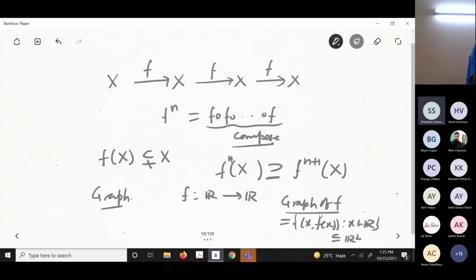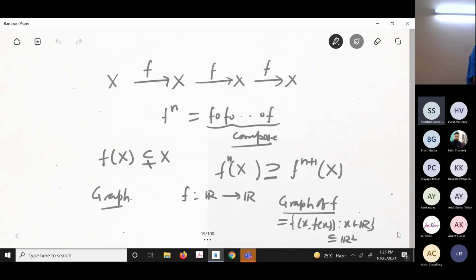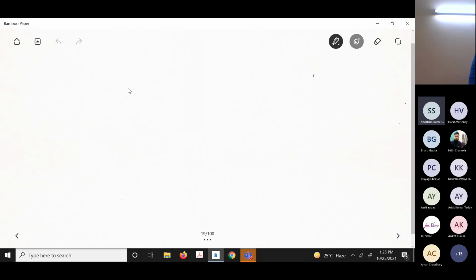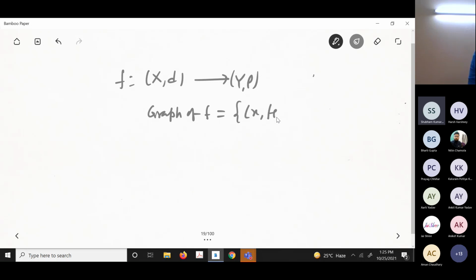Okay, now you can see that if I have a function between two metric spaces, then the graph of F will be a subset of X cross Y, the set of (x, F(x)).